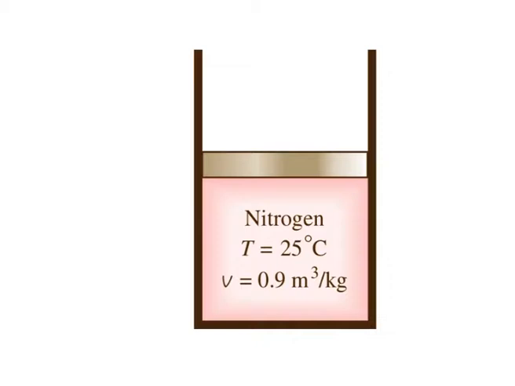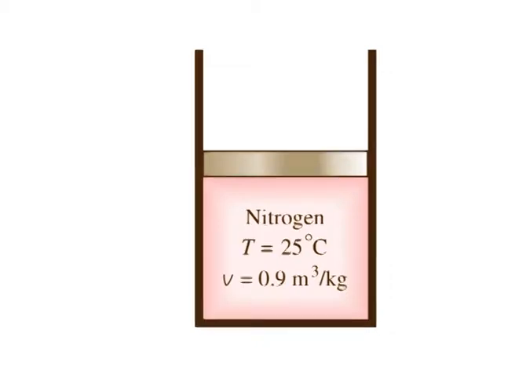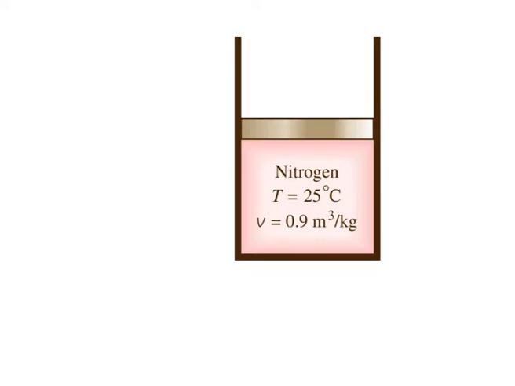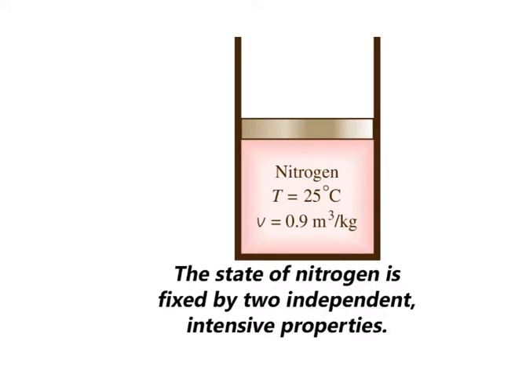Temperature and specific volume, for example, are always independent properties, and together they can fix the state of a simple compressible system. Temperature and pressure, however, are independent properties for single phase systems.